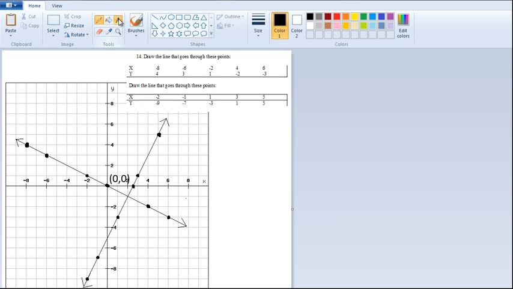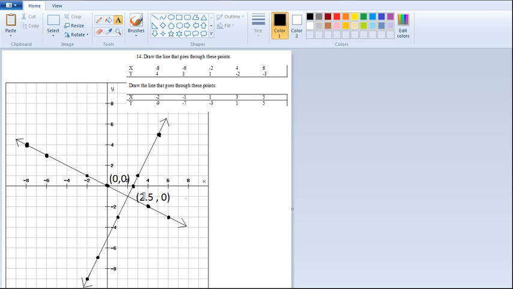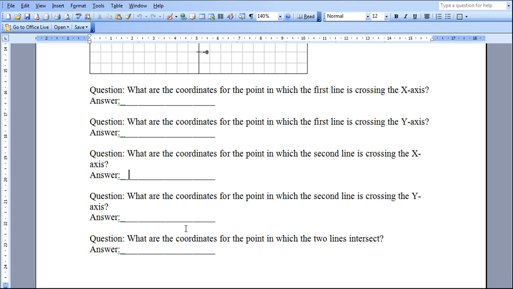What are the coordinates? Well, we can see the x-axis 1, 2, and here's 3, so in between has to be 2.5. So the answer would be 2.5, and the y value is 0.